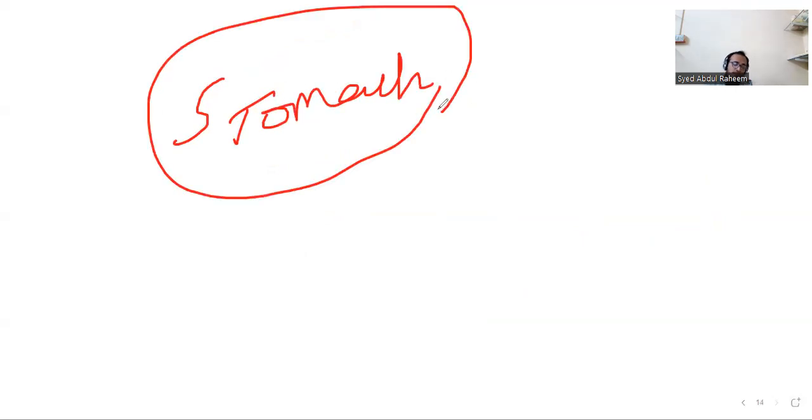This is called a stomach remedy, especially for any type of gastric issues, flatulence issues, indigestion issues. Any of these can be treated with the help of C15. It works on functional as well as structural changes that occur in the stomach.